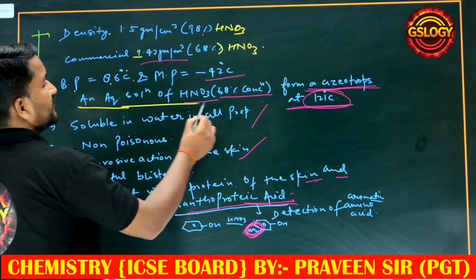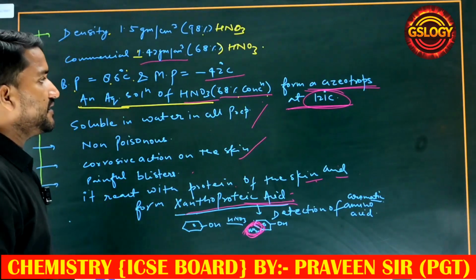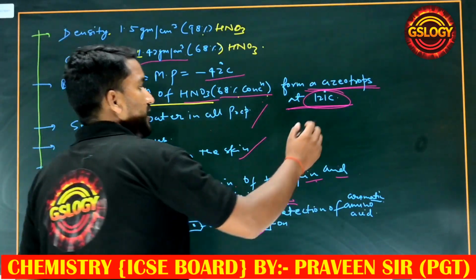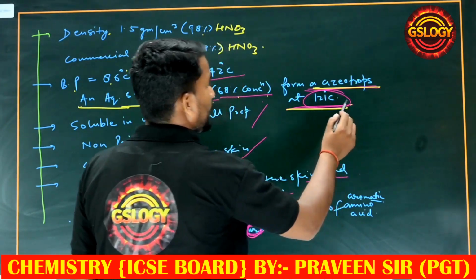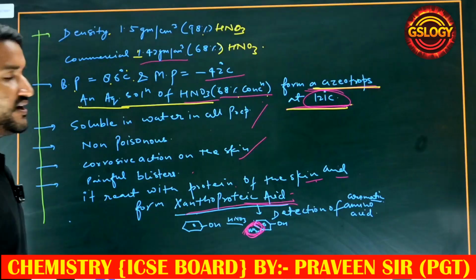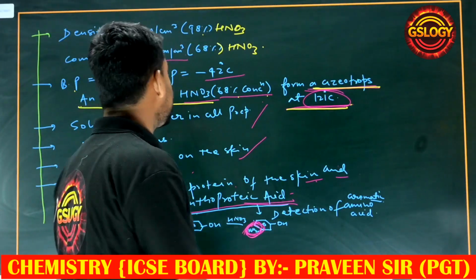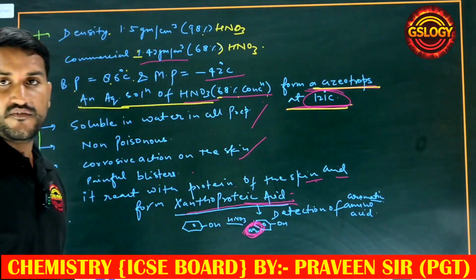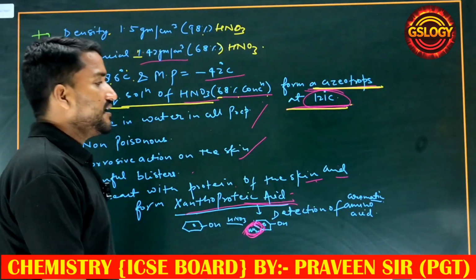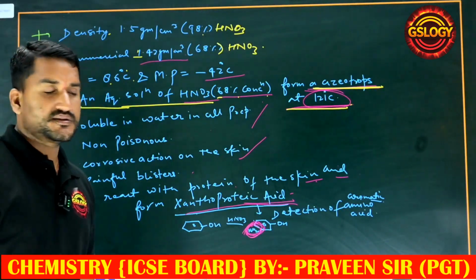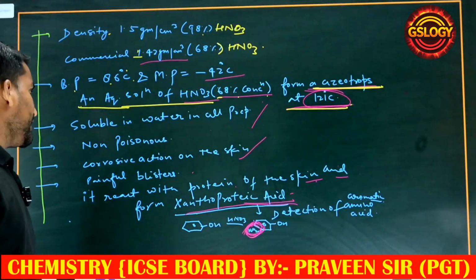An aqueous solution of 68% nitric acid forms an azeotrope at 121 degrees Celsius, meaning it boils at a constant boiling point.